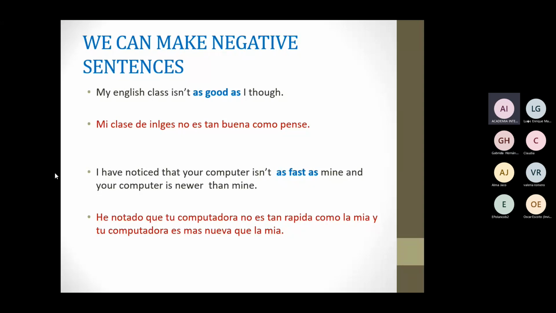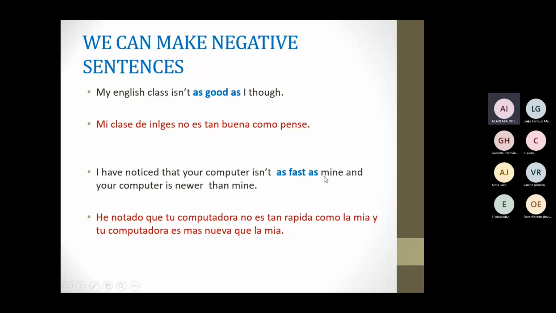Thank you very much. Bien, aquí en esto de I have noticed es como una estructura que le llaman el presente perfecto. Es como decir yo he notado. Aquí no vamos a decir como I have noticed, tengo notado. No, no. Este have aquí funciona como un verbo auxiliar. Eso ya es un poquito más avanzado. I have noticed, yo he notado that your computer isn't as fast as mine.